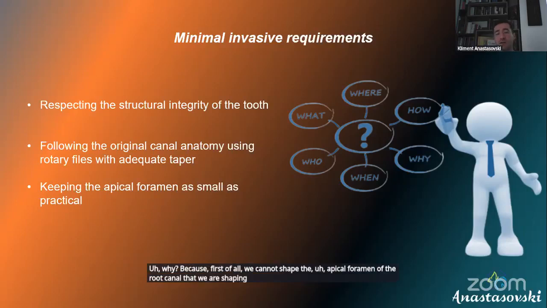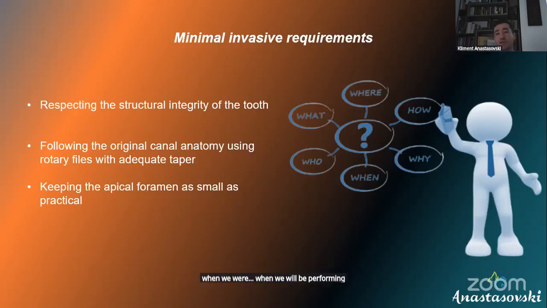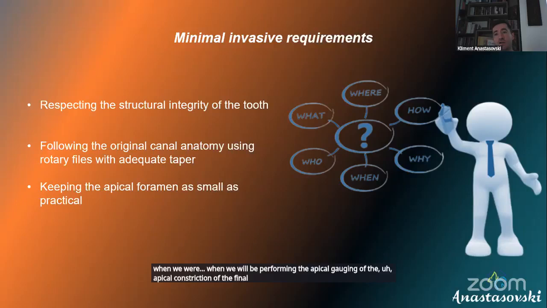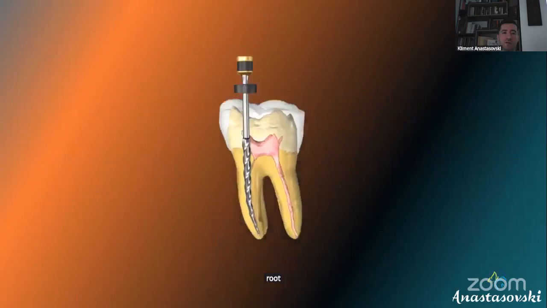Even if we try to do so, we will end up damaging or transporting the apical foramen, and in that way, we will destroy that apical foramen, and we will have a lot of job to do when we will be performing the apical gauging of the apical constriction, the final step of the root canal treatment before the obturation phase, where we will be complicating that last step of the root canal procedure.